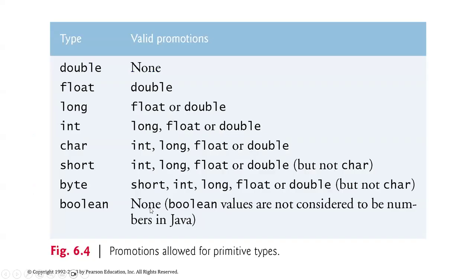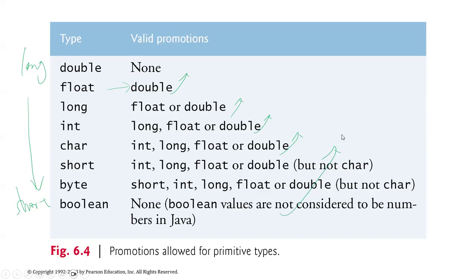Okay, here are those primitive types. Actually, we are pretty familiar with the types, right? Double, float, long, int, char, short, byte, boolean. This is from long range to short range. And what it can do is promote, becoming longer, longer, longer.